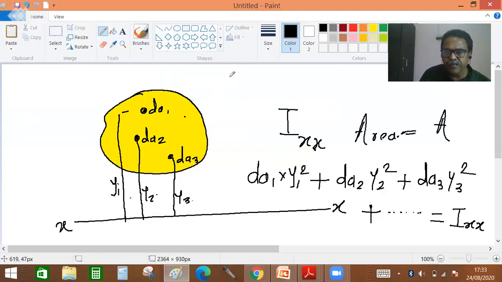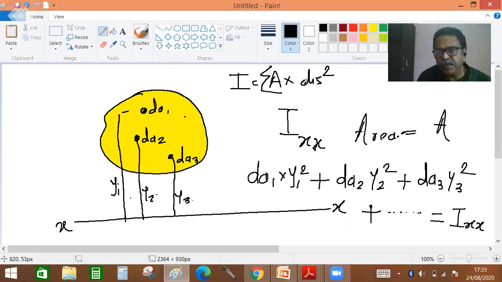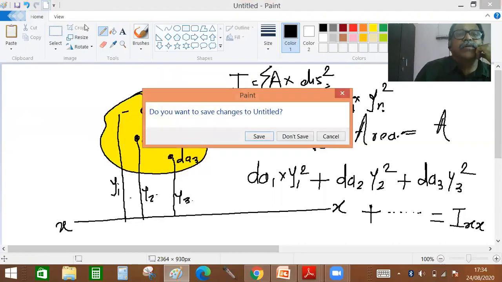So finally we can define I as area multiplied by distance square, and the summation is shown like this: summation of dA_n into y_n square, where n goes from 1, 2, 3 up to infinity. Then it gives the summation of all elemental parts. In short, that is the definition of moment of inertia.